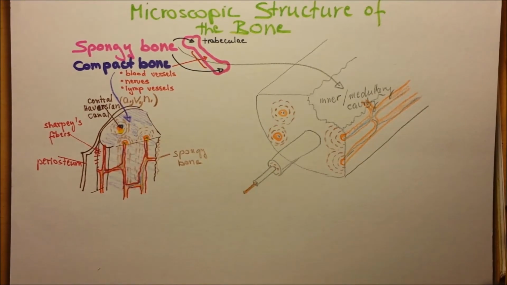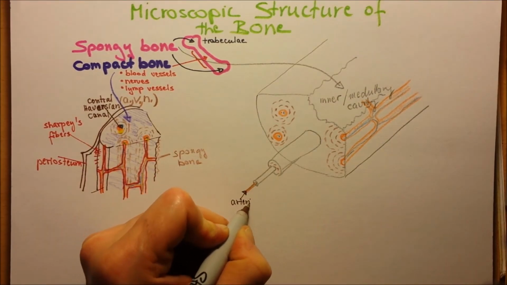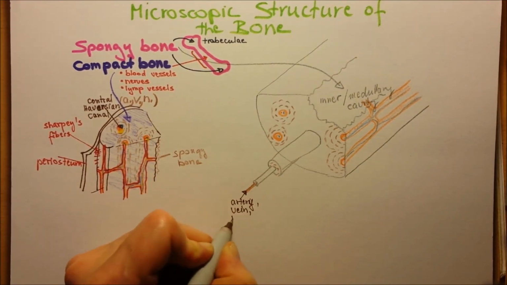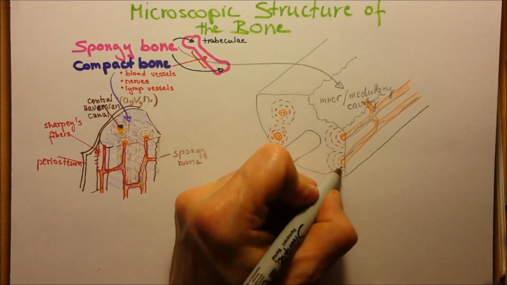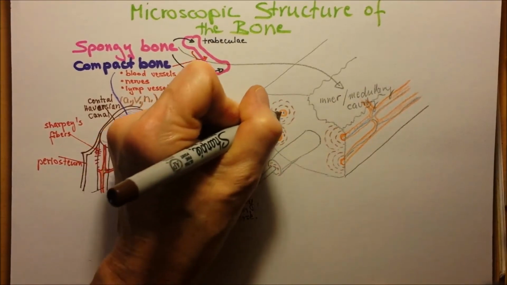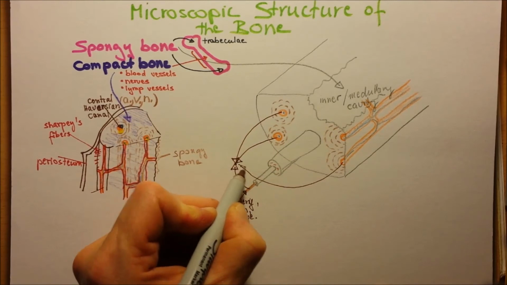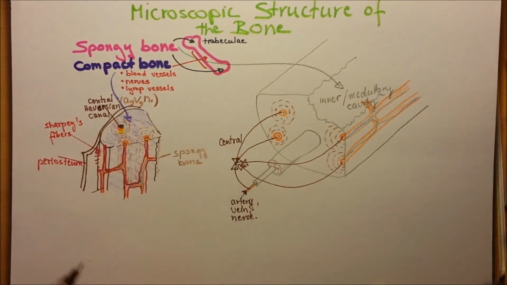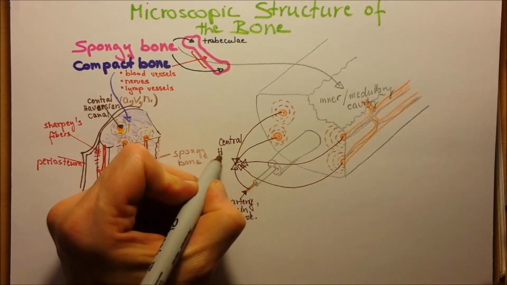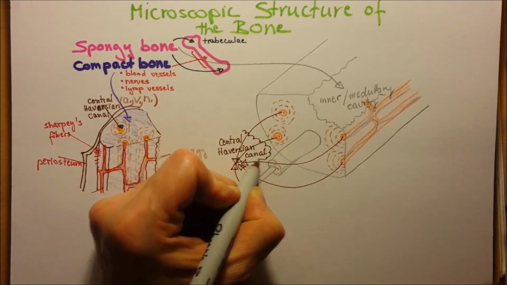In here, again, I try to emphasize the artery, vein, nerve, and the lymph vessels inside of the canal. Those are, again, the central Haversian canals in the compact bone. These are canals because there are many of them.